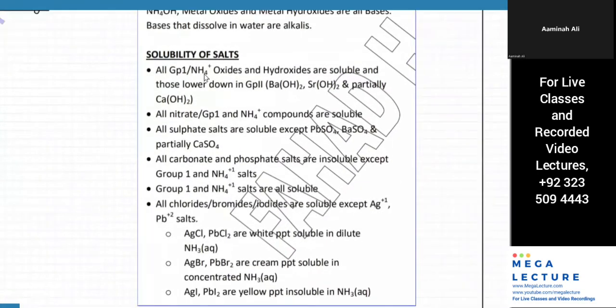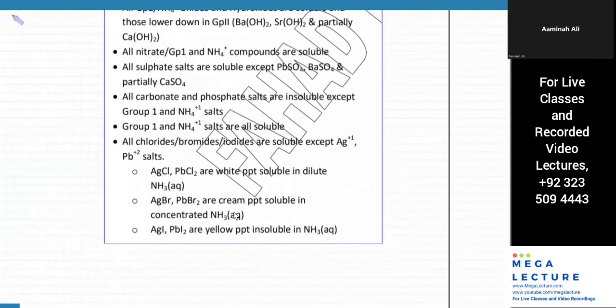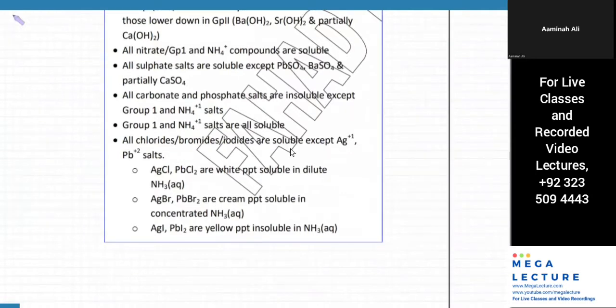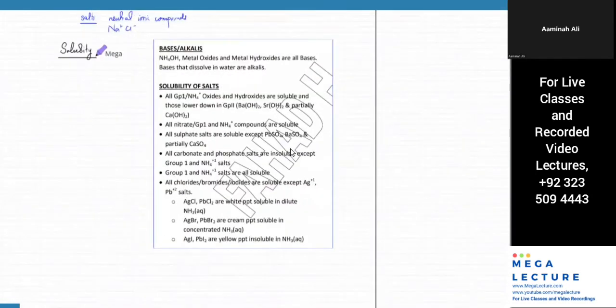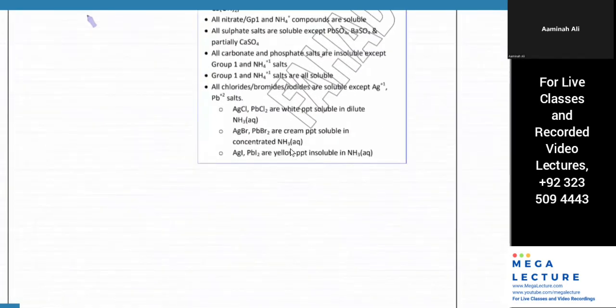Group 1 are all soluble. NH4+1 compounds are all soluble. Sulfates are all soluble except for lead sulfate, barium sulfate, calcium sulfate. Carbonate and phosphate salts are all insoluble except for group 1 and NH4+1. And then you have chlorides, which are mostly soluble except for silver and lead. So remember this table. I've just copied this table over here.